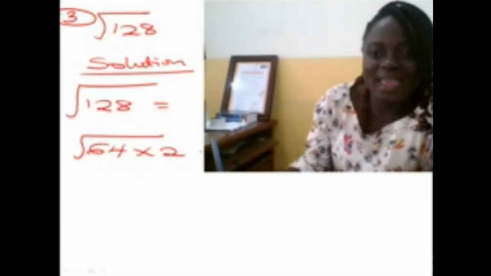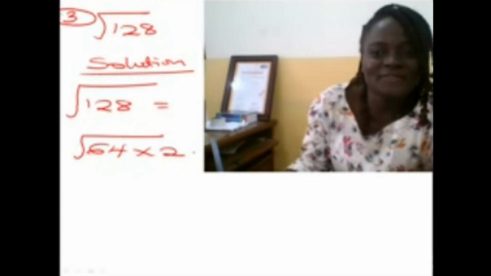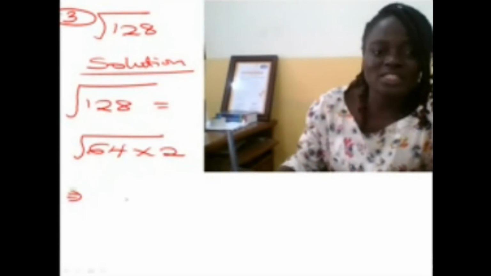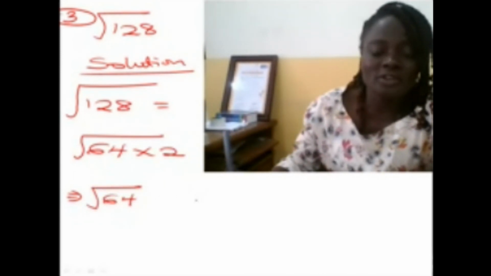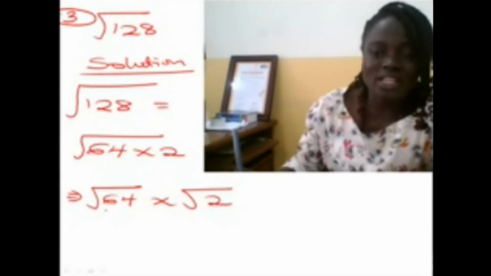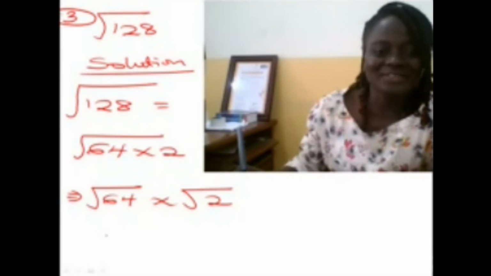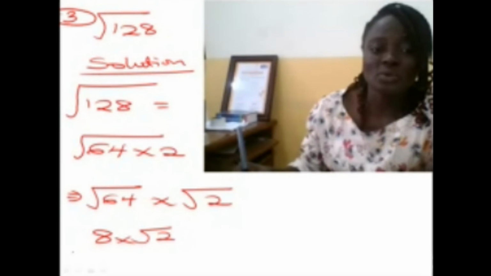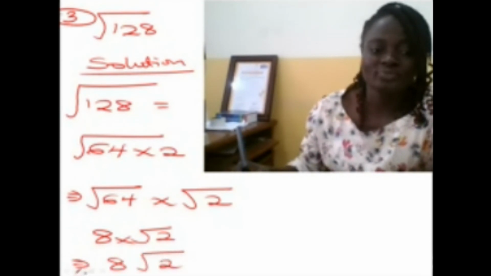Good. Always simplify it to the simplest form or the basic form. So breaking this down will give us square root of 64 times square root of 2. And what is square root of 64? That is giving us 8 times square root of 2. So we can say that square root of 128 will give us 8 root 2. Excellent.